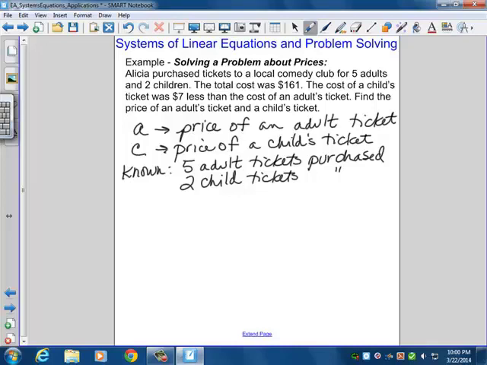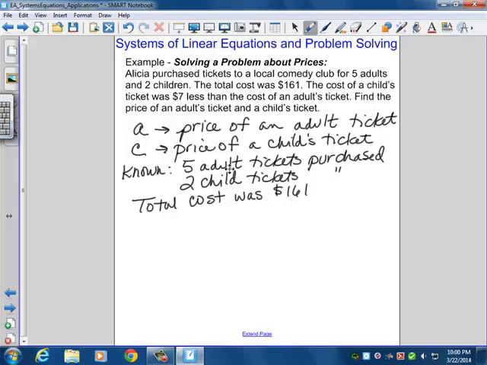And I know that the total cost for all 7 of those tickets was $161. Do I have more information in here? I do. The cost of a child's ticket was $7 less than the cost of an adult's ticket.